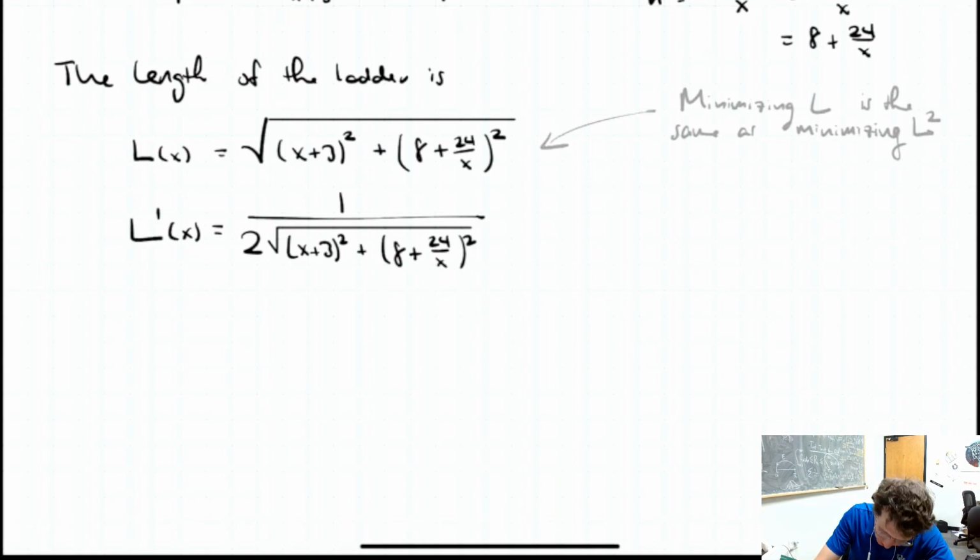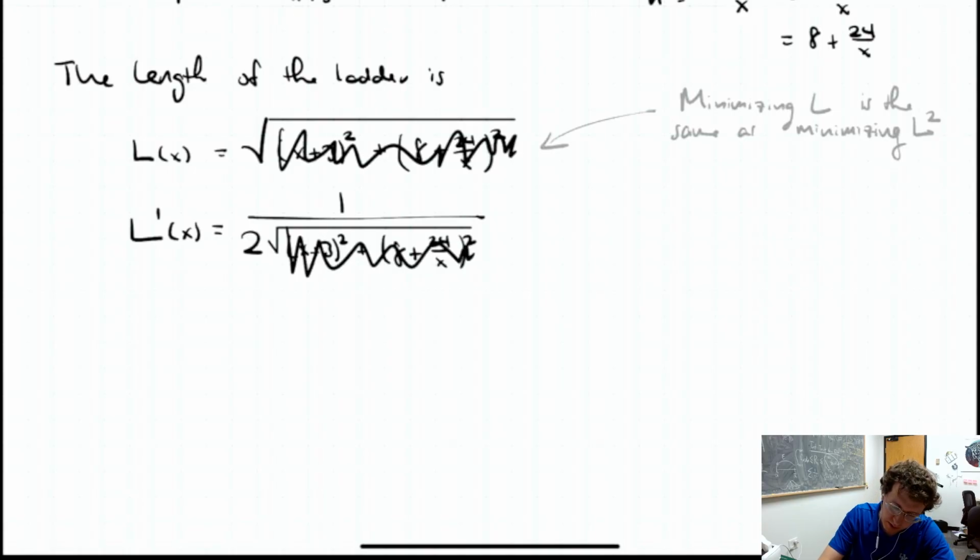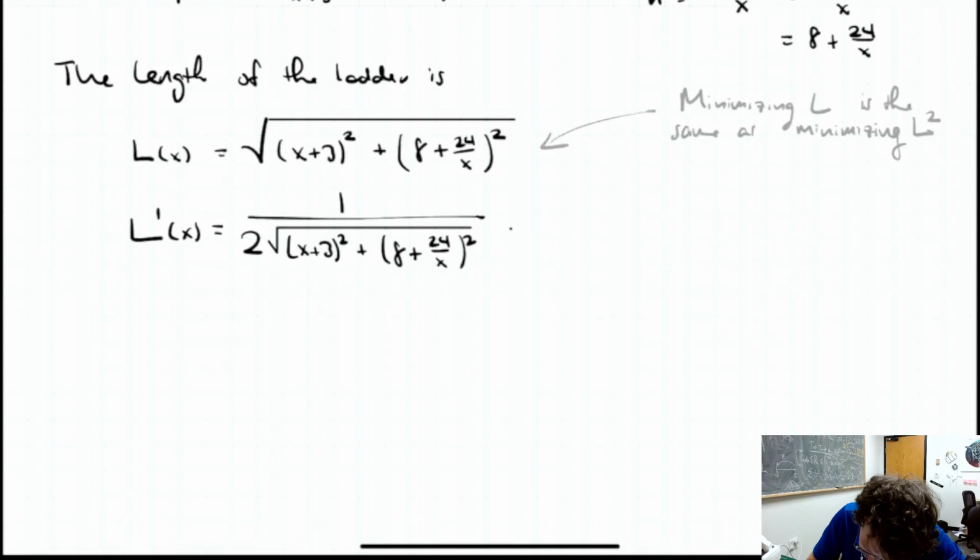Okay, so the derivative of square root of something is 1 over 2 times the square root of something times the derivative of that something. That is the chain rule.